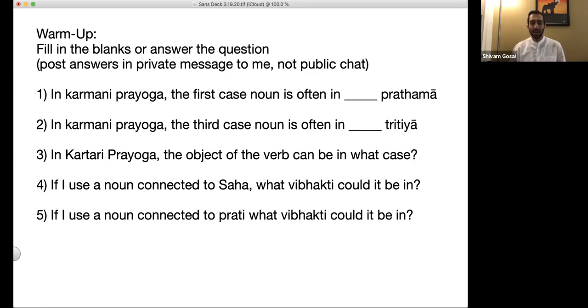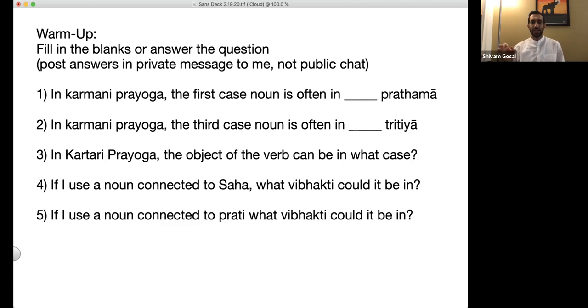Number two, in Karmani Prayoga, the third case noun is often in blank, Tritiya. So when we're in Karmani Prayoga, the first case is in Karmani Prathama, but the third case is often in Kartari Tritiya. It's the doer of action. In Karmani Prayoga, the doer of action is actually in Tritiya.